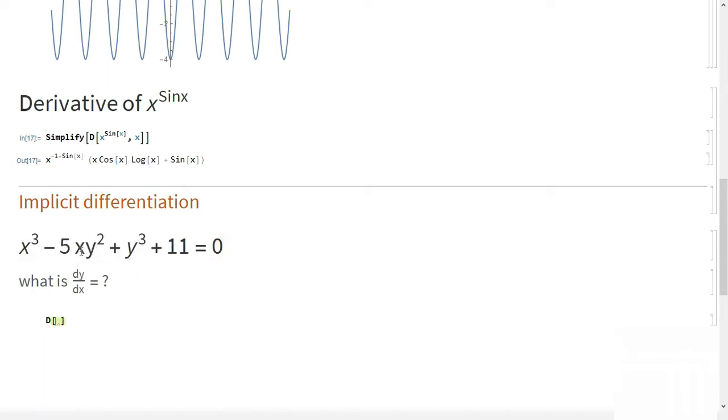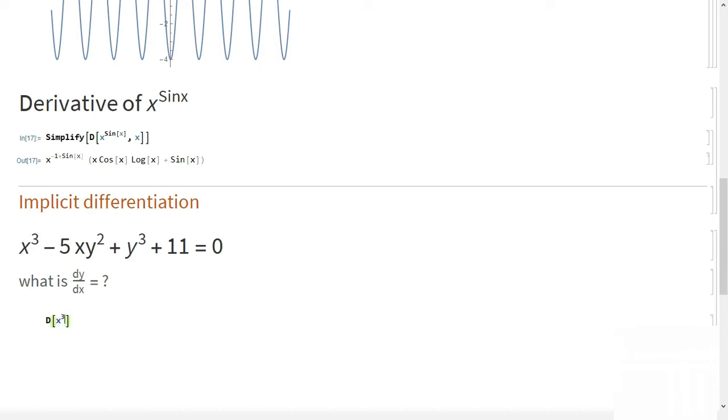And while doing that, we have to keep in mind that this y is a function of x. So that's why we will write y, then we'll put a third bracket, and then we'll put that x inside the third bracket. Let me type it for you and things will be clear.